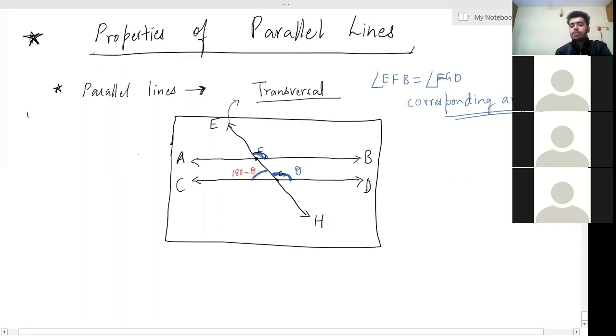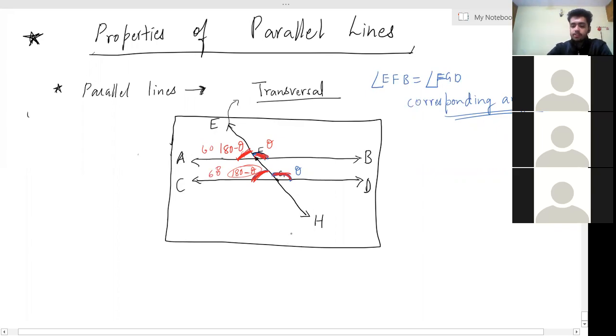So 180 minus theta plus theta gives me 180, right? So this is the corresponding angle of this. The corresponding angle for this is this, which means this is also 180 minus theta if this is theta. So this will be theta. These both are corresponding angles. That means these both angles are the same. For example, if this is 60 degrees, this angle is also 60 degrees. If this is 120 degrees, this angle is also 120 degrees. That is the meaning of corresponding angles, right?